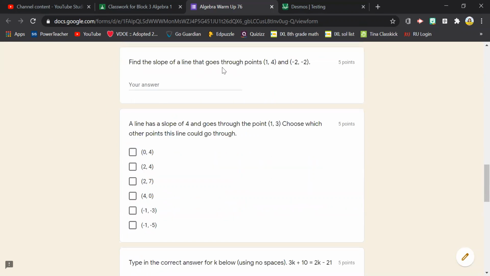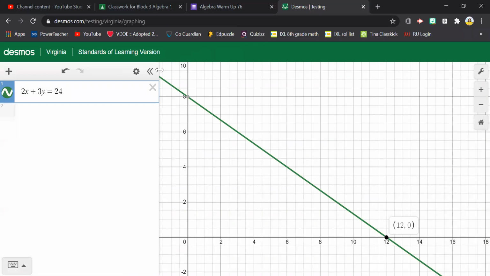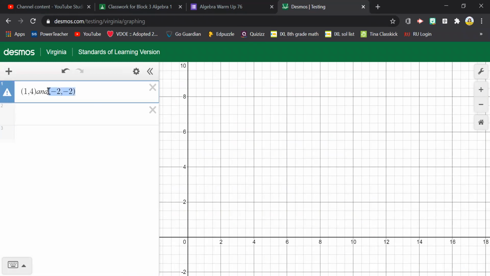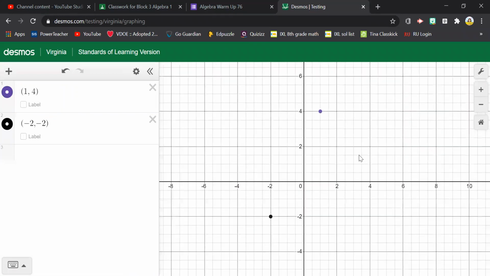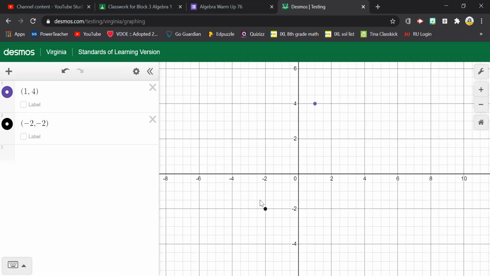Next one, find the slope of the line that goes through these points. Now there's different options of things that you could do here. I'm going to show you both ways. So one way is that you could just copy and paste the ordered pairs in here, graph them, look at them, and do rise over run.